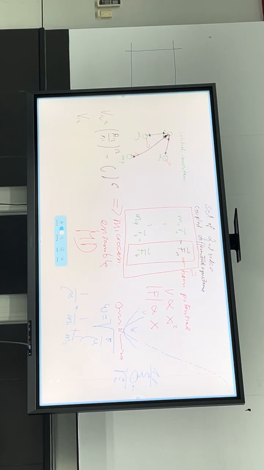And the question is, what is the generalization of the force constant K? Well, that is also a matrix. It's the so-called force constant matrix. And the force constant matrix tells you how much does my energy change if I move one particle a little bit and the other particle also a little bit, and so on.